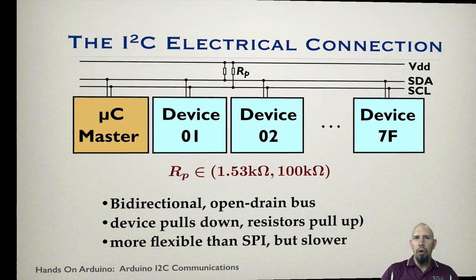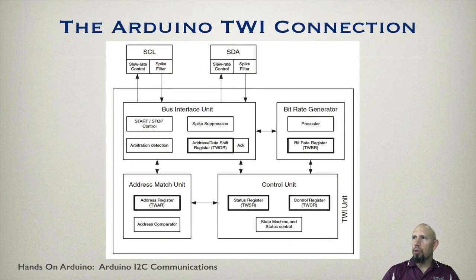Now, the Arduino has certain things that it works with. Again, it has your clock line and your data line. When these come in, one goes through a slew rate control associated with the clock, and it also has a spike filter. So it has both of those.